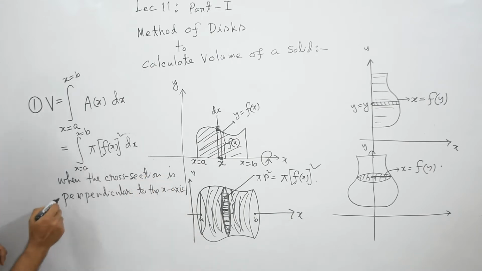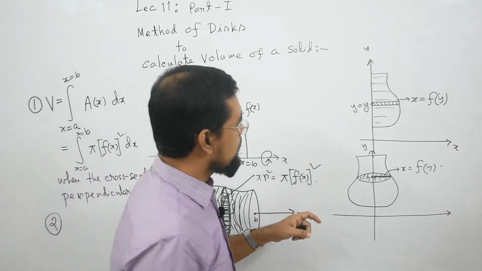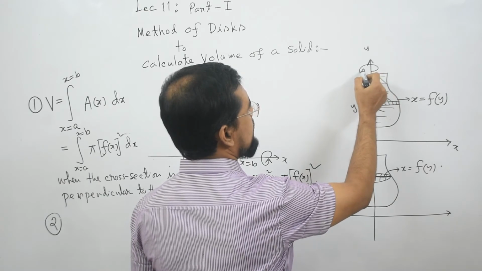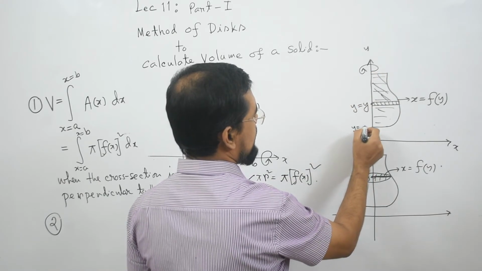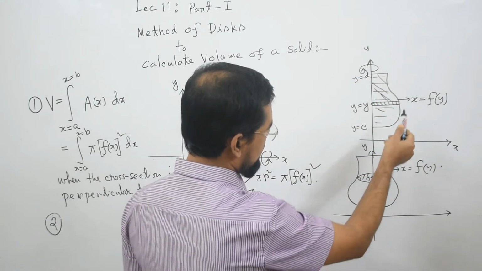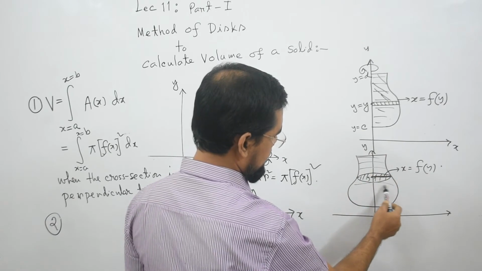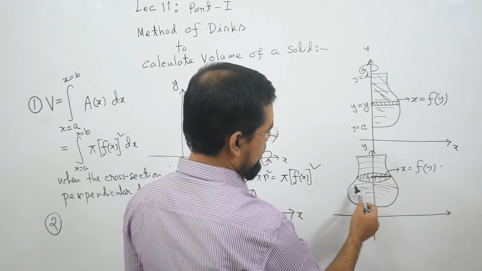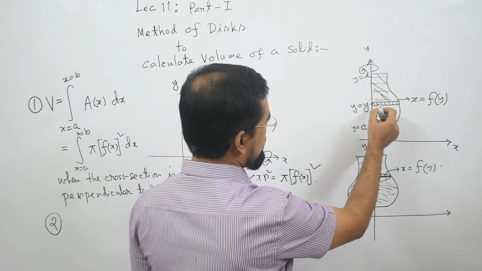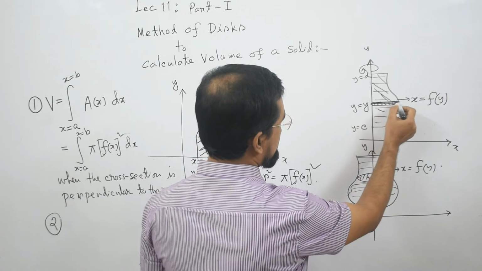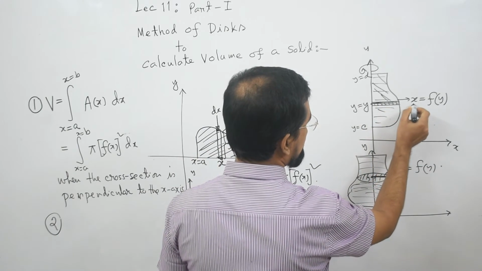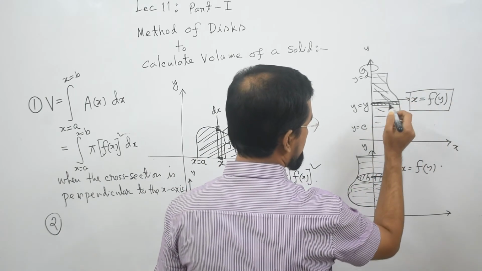And in case of formula 2, you see, if you revolve this plane region about y-axis from y equal, let's say, c to y equal d, then you will get a solid material like this. It's a rough sketch, and cross section is perpendicular to the y-axis, and radius of cross section will be x, which is f(y).